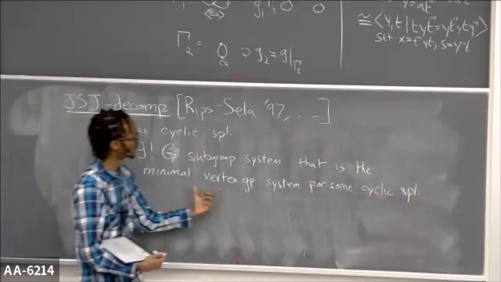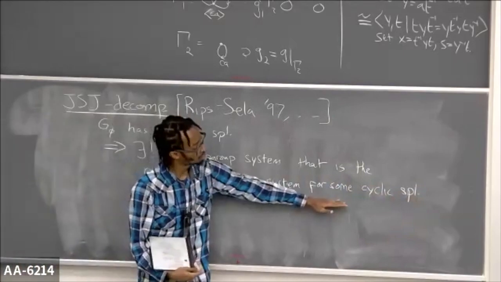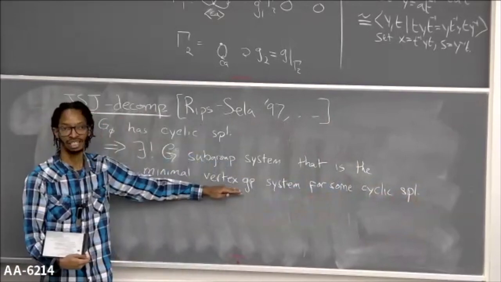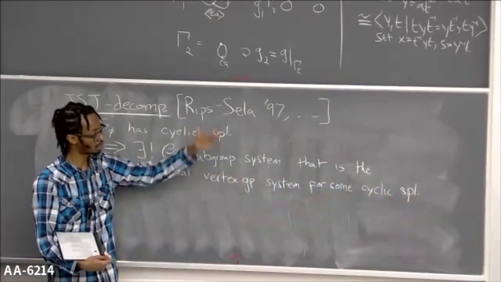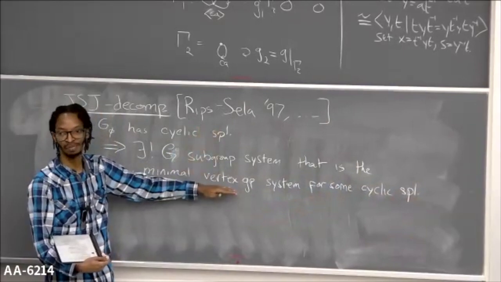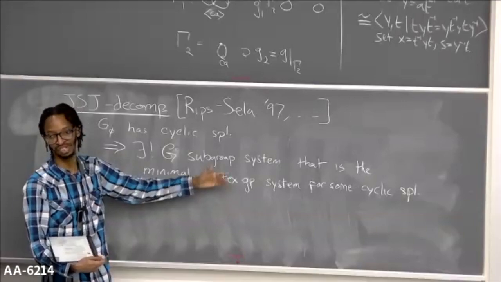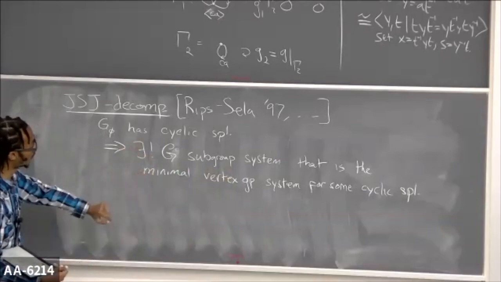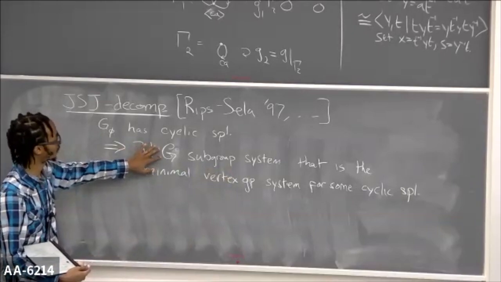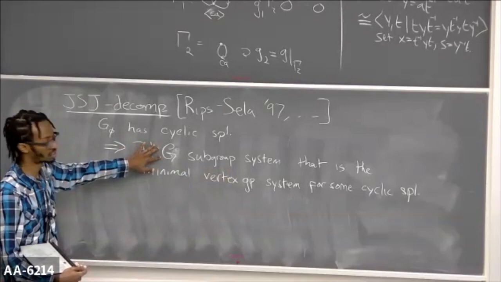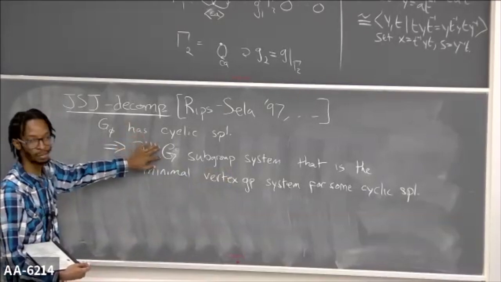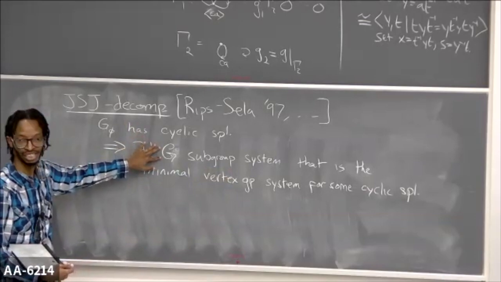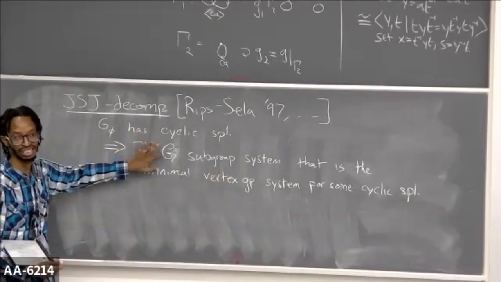So you go over all cyclic splittings of your group, and you look at all the vertex group systems you get. And those are partially ordered by containment. There's a minimal one, and the minimal one is unique. Here I'm being a bit finicky: you can think of this as a union of subgroups, but that's going to be infinite, or you maybe want to think about a set of conjugates, and that's going to be finite.